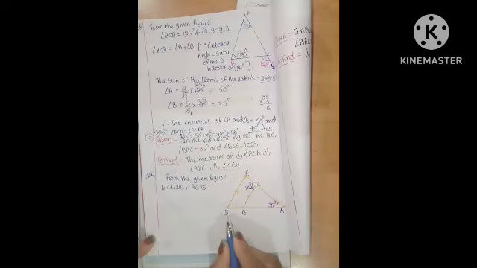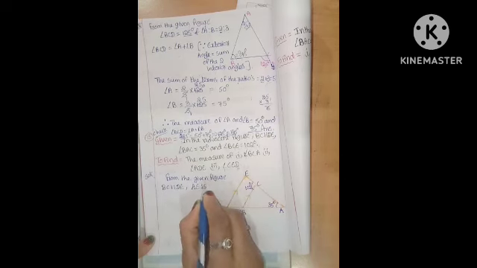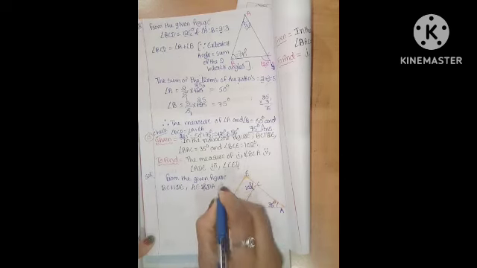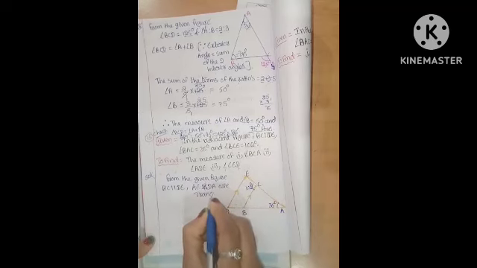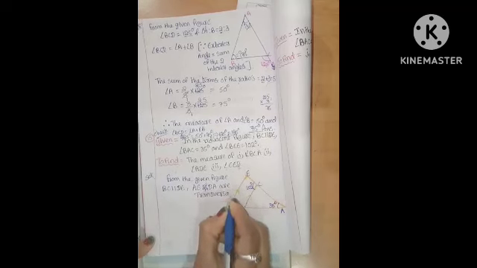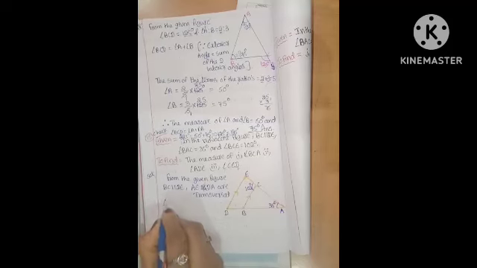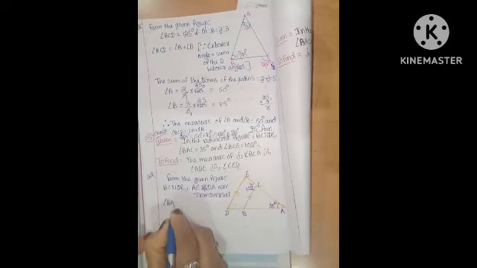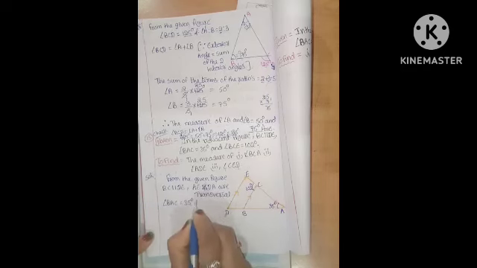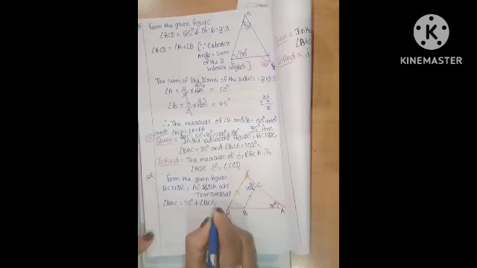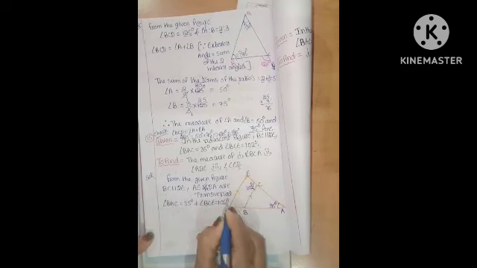AE and DA are also transversals. Okay, and two angles are given. What's the angle? Angle of BAC equal to 35 degrees and angle of BCD equal to 102 degrees.